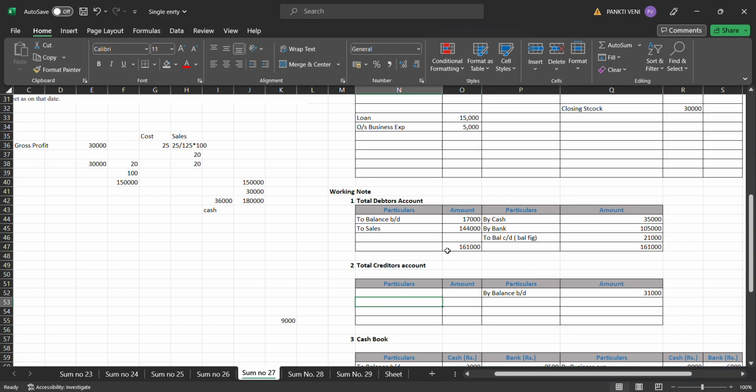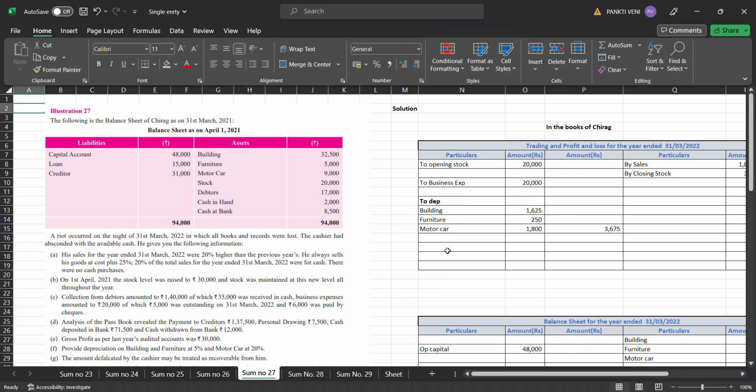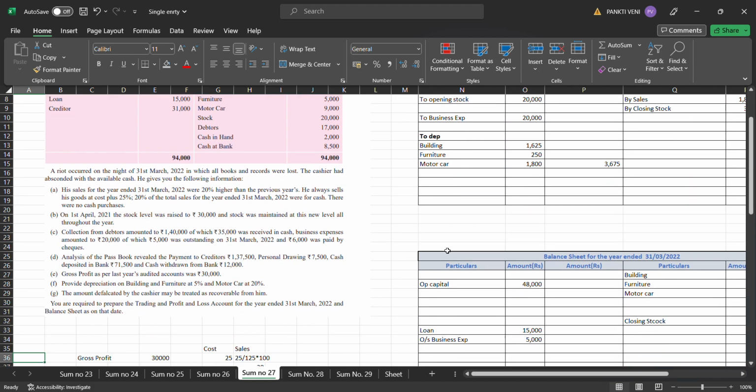Then let us close creditors. For creditors, we have missed writing down the payment to creditors here. We have made a payment of 1,37,500. We have also made purchases, which is 1,54,000 given to us in the question.